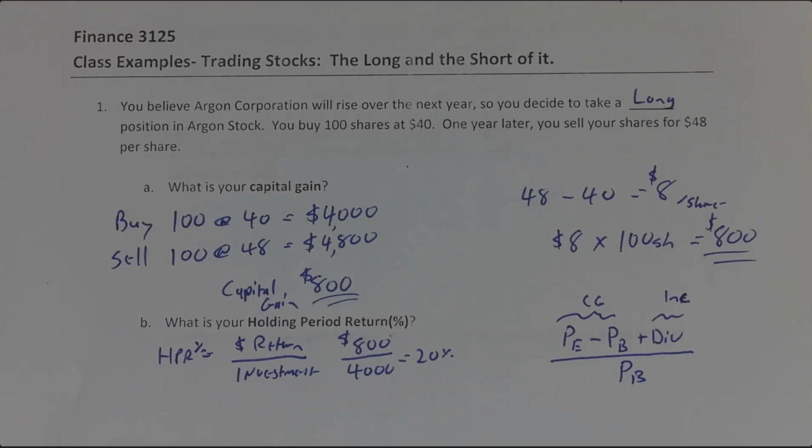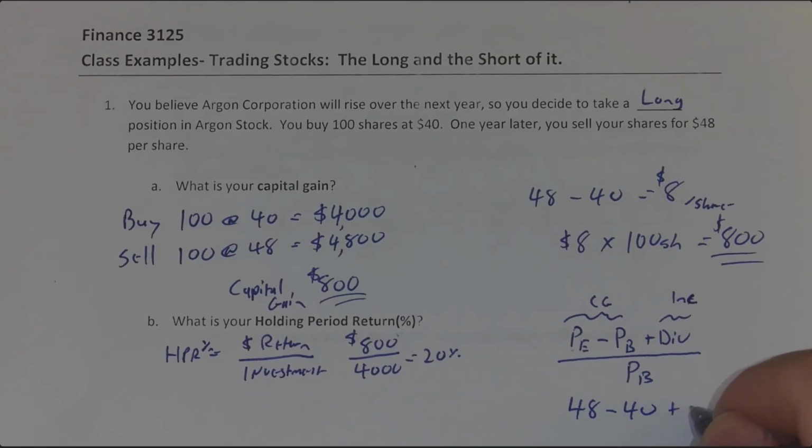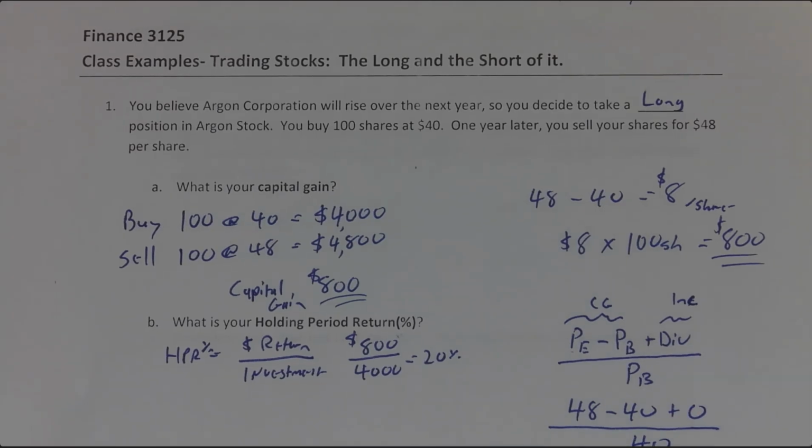If it was a bond, we could take the ending price minus the beginning price plus interest divided by the beginning price. And since we're doing a percent return, it doesn't matter if we bought 100 shares or 1,000 shares. So in this case, we would take 48 minus 40 plus 0, because there were no dividends, divided by 40.